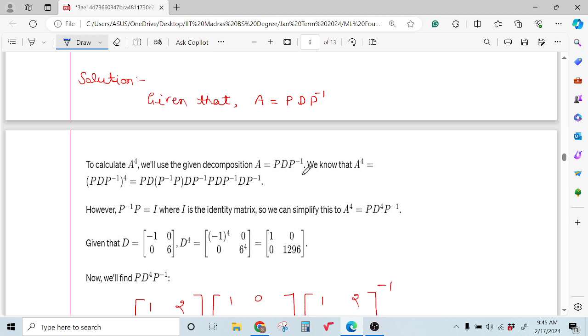We know that A to the power 4 is equal to (PDP inverse) to the power 4. So we have rewritten this equation as this. And however, P inverse P is equal to the identity matrix, where I is the identity matrix. So we can simplify this.